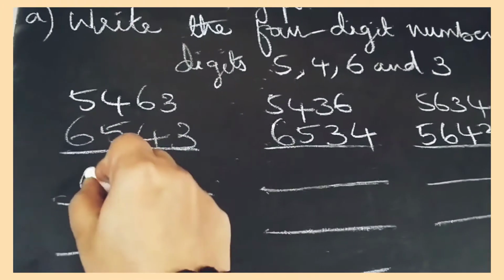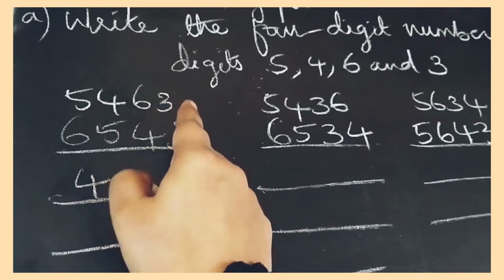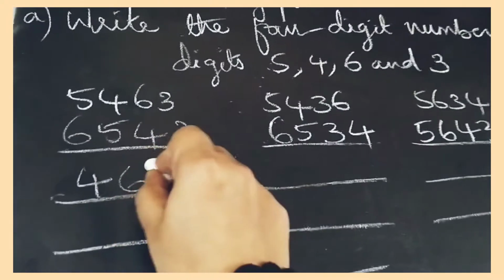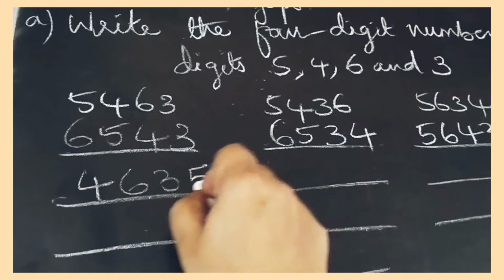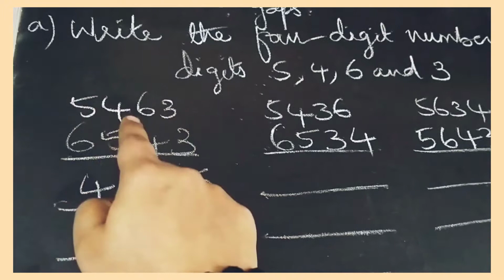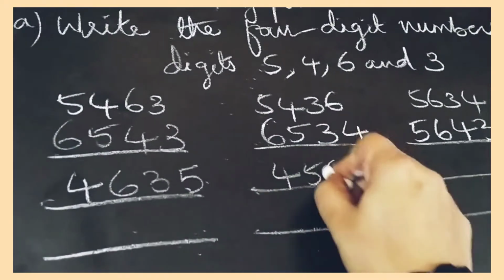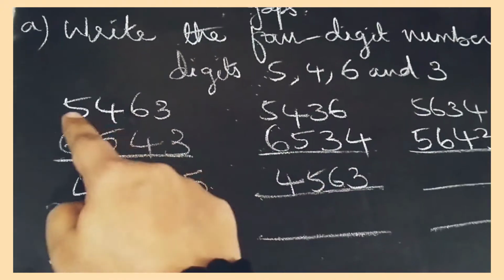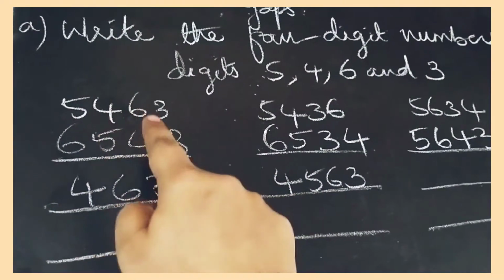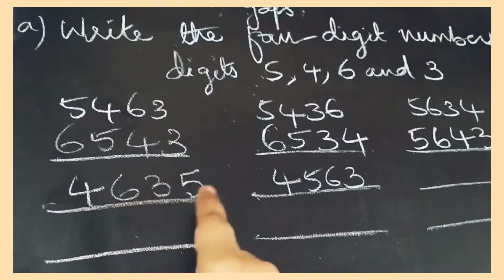Okay, 4 6 3 5, we'll write first 4 6 3 5, 4 5 6 3, then 4 6 3 5 we have taken, 4 6 5 3 we will take.